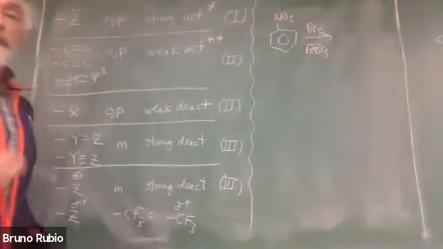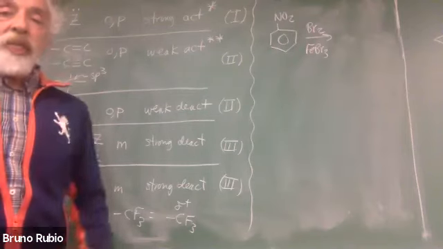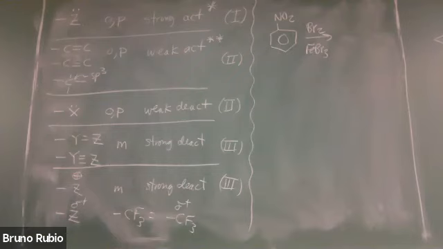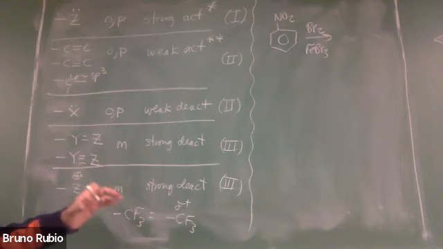Okay, predict the product. So it's an aromatic substitution. Remember this Br2 and FeBr3, what do they do? They put Br on the benzene ring. The question is where? So what about the NO2 group, right? You look at the atom directly bonded to the benzene ring.